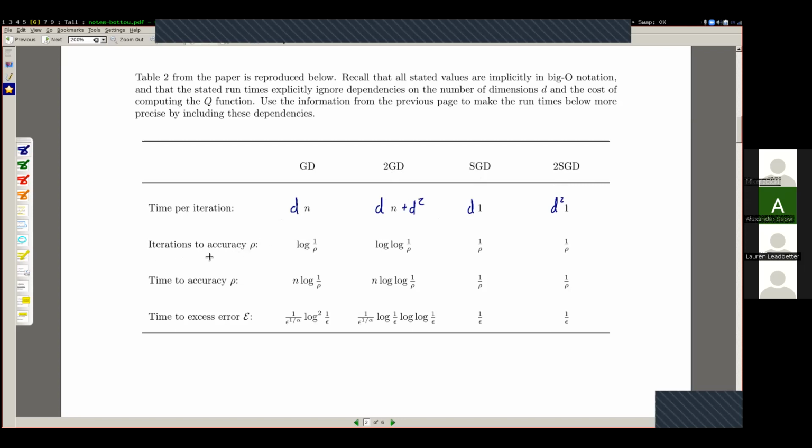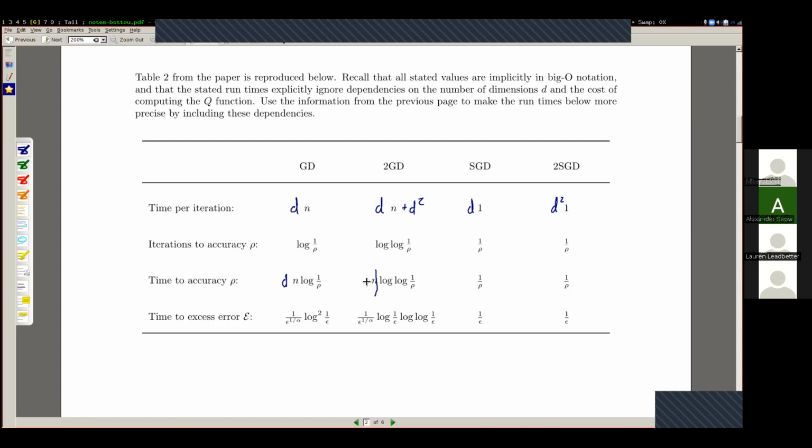The number of iterations to a particular accuracy rho does not depend in any way on the dimensions. So these things stay the same no matter what your dimension is. And then your total time to a particular accuracy is the number of iterations you have to do times the runtime per iteration. So what's written here is just this thing times this thing. In order to make this third line here depend on the dimension, you also have to copy down the d factor down here.